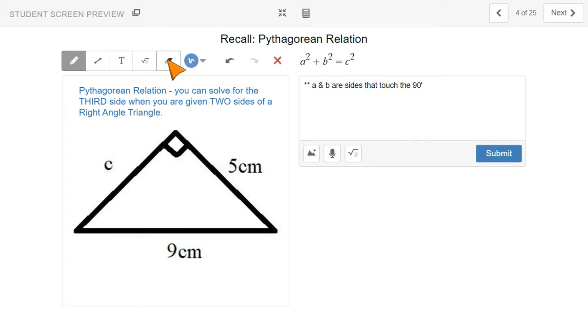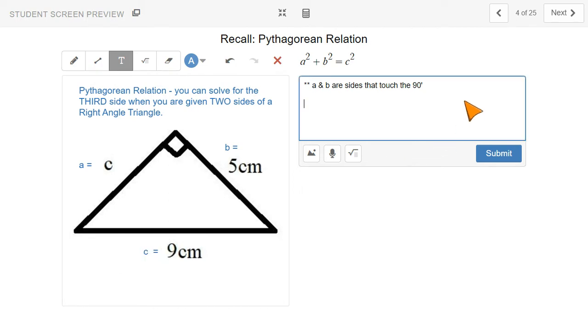So let's solve this. In our case, because C is touching the 90 degrees, even though it is named C, it is really side A. With 5, this is side B, and side C is 9. So when we substitute that into our equation, we have A squared plus 5 squared equals 9 squared.